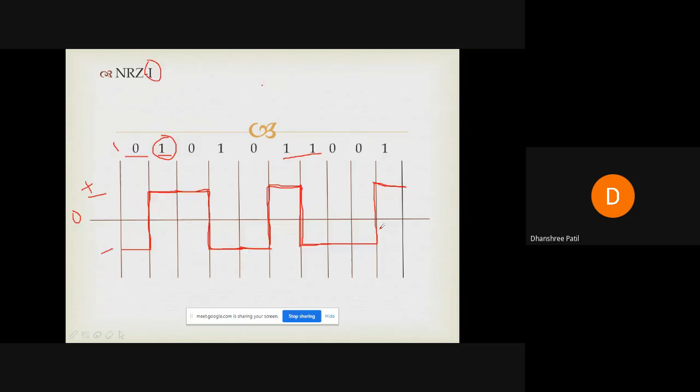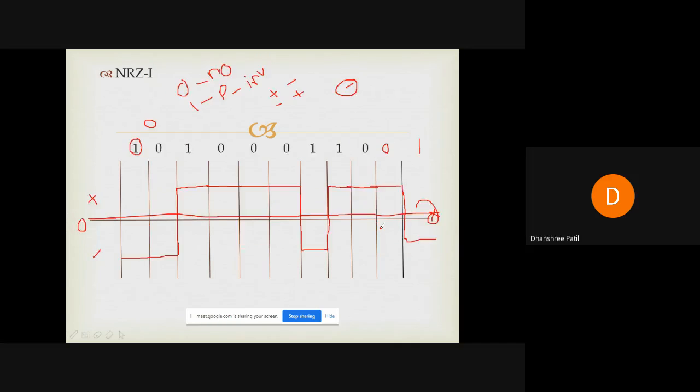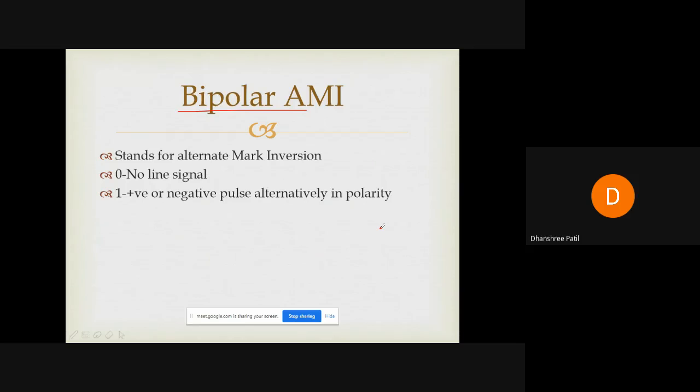Okay, fine. So the next technique is bipolar AMI. AMI stands for alternate mark inversion. What is this technique? 0 means no line signal, no transition, blank, as in NRZI.